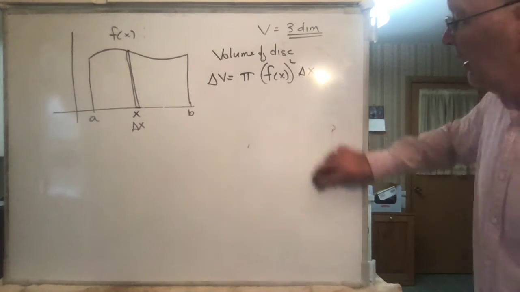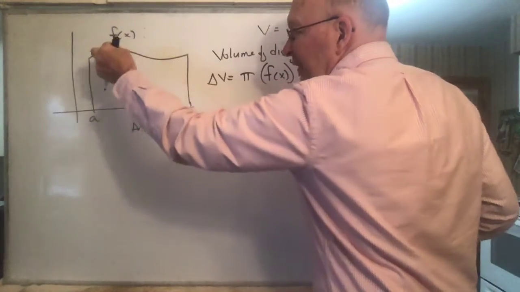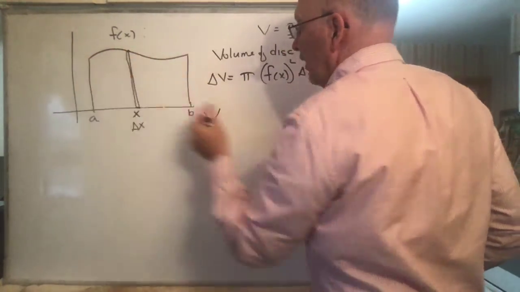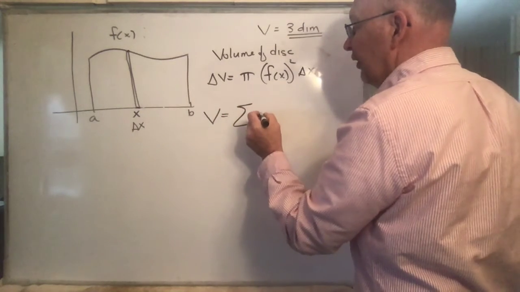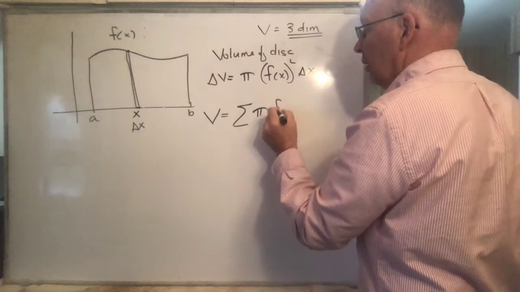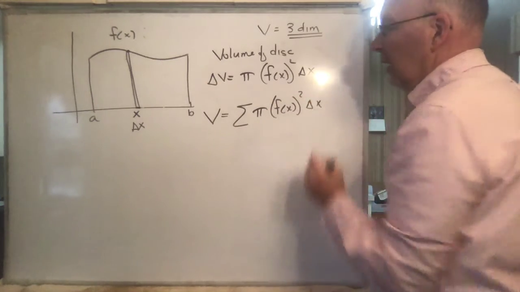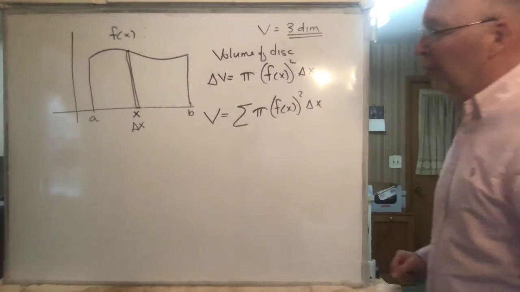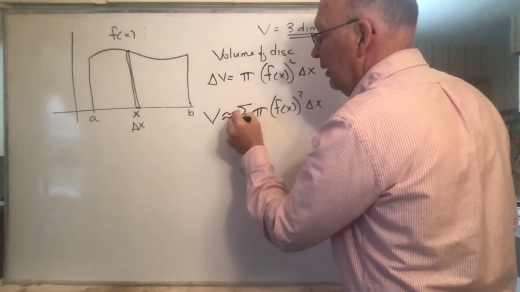Okay? And now you say, well, if that's the volume that you get by taking that little segment, then the total volume of taking this whole region out is going to be what you get by adding up all of those things as you go from A to B. And then, as before, I shouldn't say equal here, I should say approximately equal.